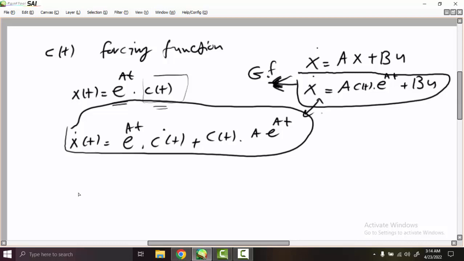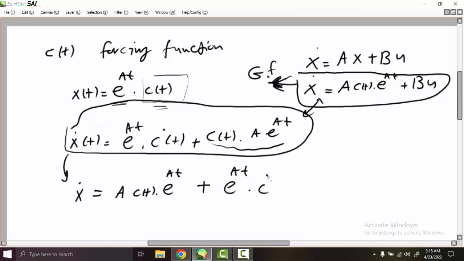now let's write it again. x dot equals this first one, a c of t times e to the power of a t, which is the same as the first part here, plus the second one, which is e to the power of at times c dot of t.